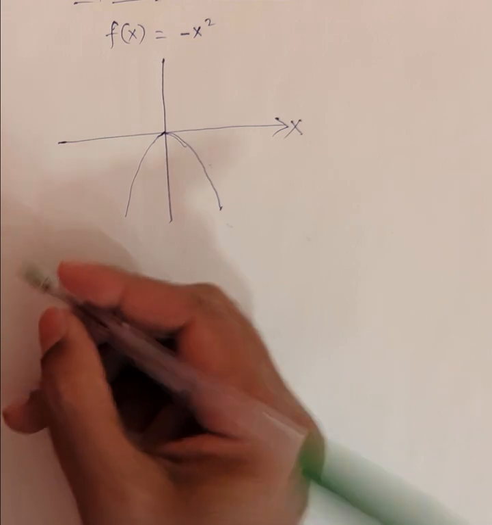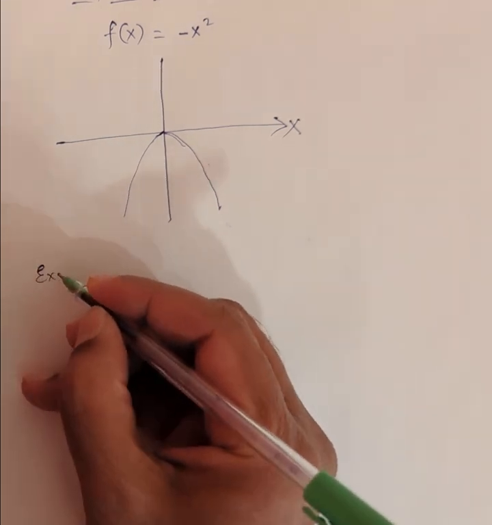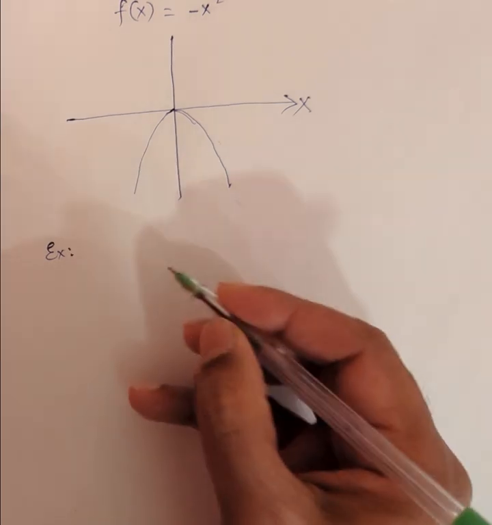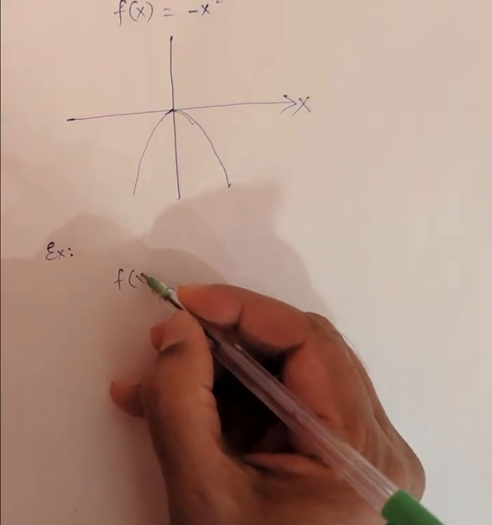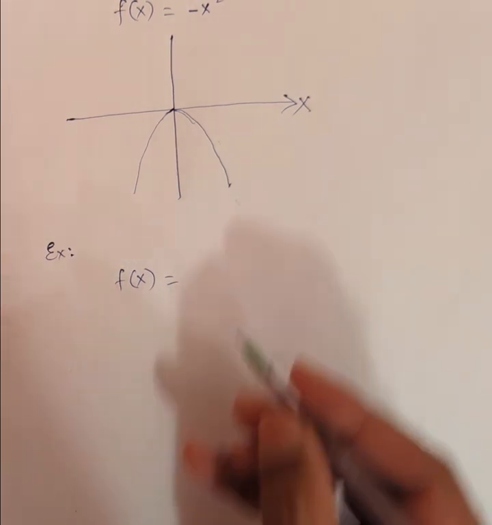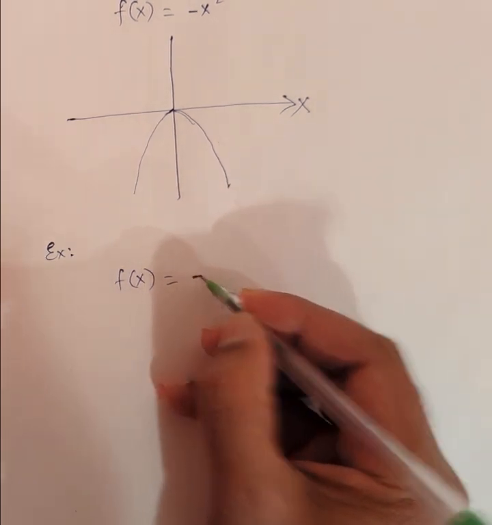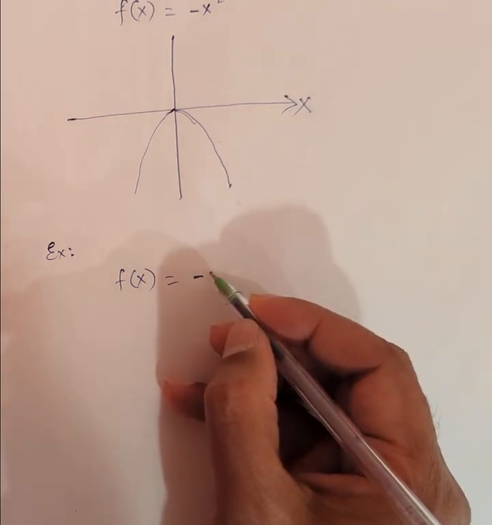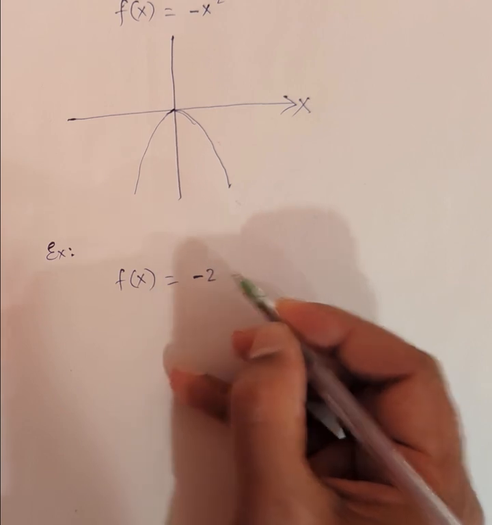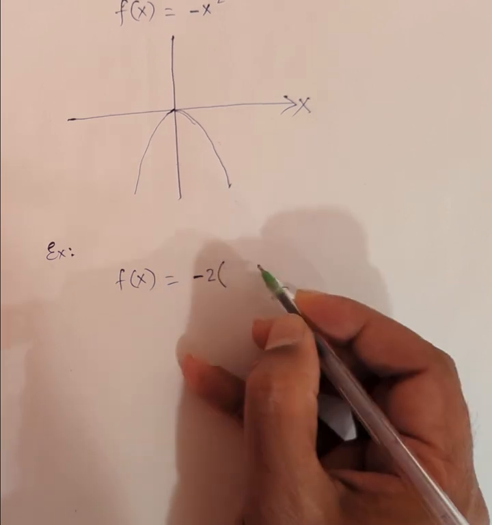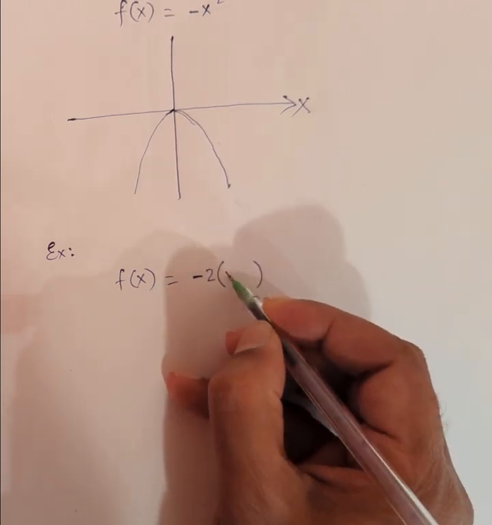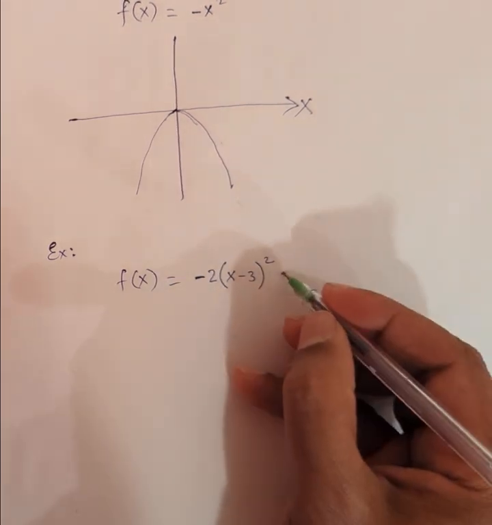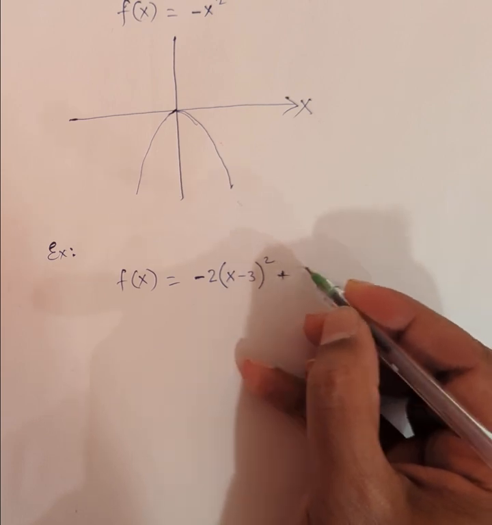Now let's look at an example where we have all four transformations. So let's write down, what I need is to have a negative in front of x square, and also a stretch factor. So let's say 2. And now instead of x square, I'm going to have x minus 3 quantity square, and then I will say plus 7.